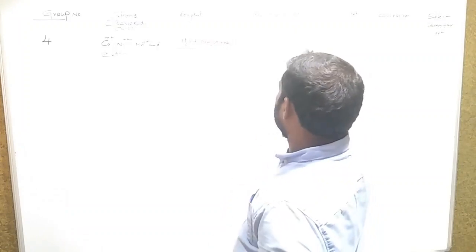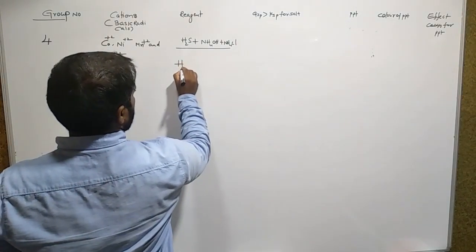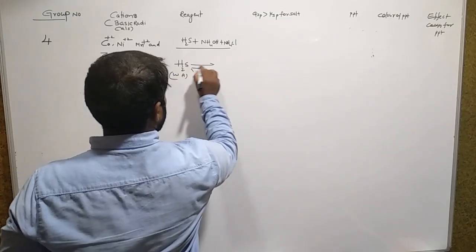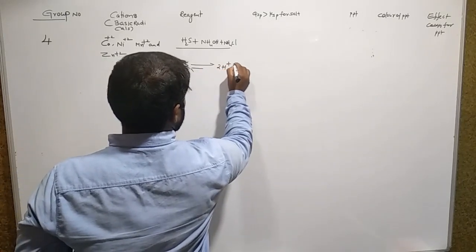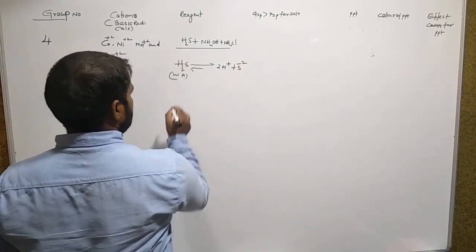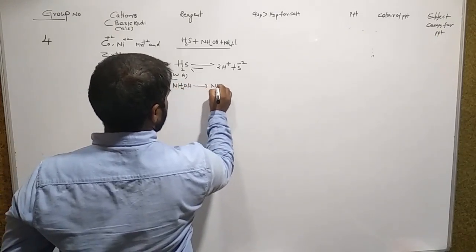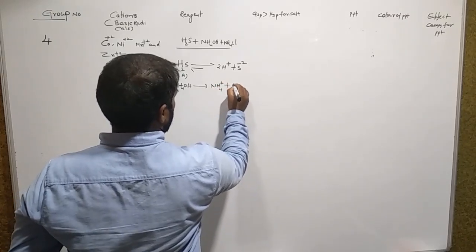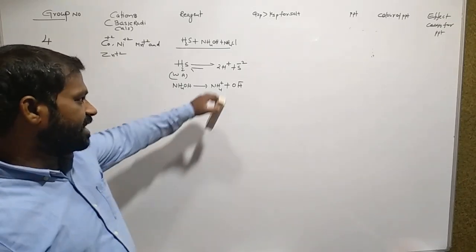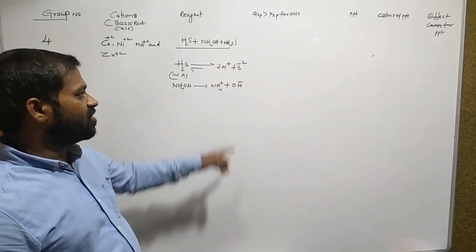Let's see the expression here. This is H2S, am I right? H2S is called a weak acid. It gives 2H plus and S minus 2, the sulfide ion. Now we add NH4OH. It gives NH4 plus and OH minus. Is there any common ion at the product side, either H plus or OH minus? There is no common ion, if you observe.